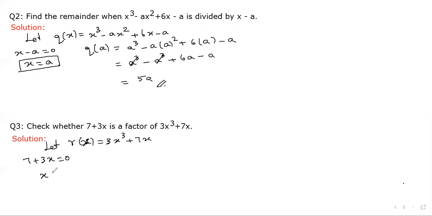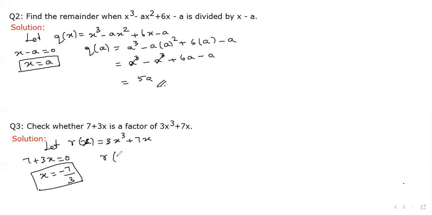This 7 I don't need, so take it to the other side, it becomes negative 7, and this 3 is under multiplication to this x, so it will become division on the other side. So this is the x value, the root. Now we have to check whether this zero is a zero of this polynomial.